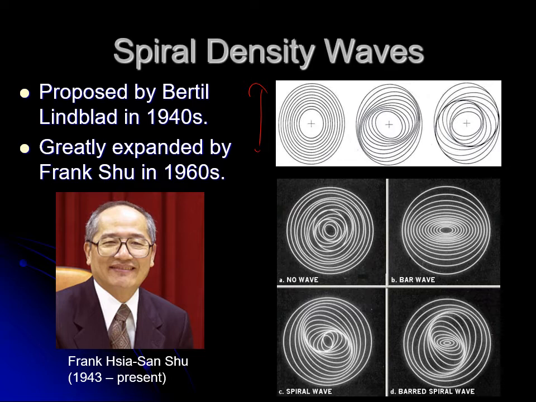These orbits always follow kind of a spirograph type pattern, so they'll precess. And so what will happen is that the orbits in close will precess more than the next ones, which precess more than the next ones, which precess more than the next ones.